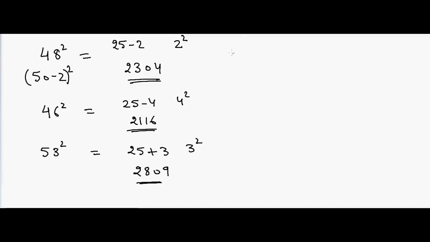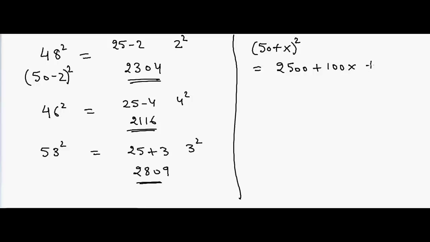How does this trick work? Let's look at it. If we have something close to 50, it can be written as 50 plus x whole square, and 50 plus x whole square can be written as 2500 plus 100x plus x square, which will be equal to 25 plus x into 100 plus x square.